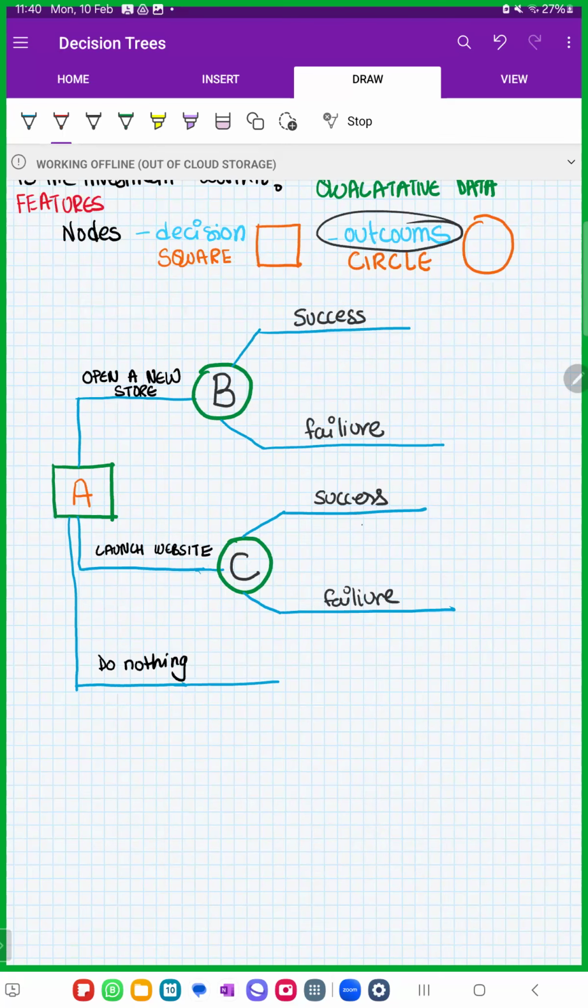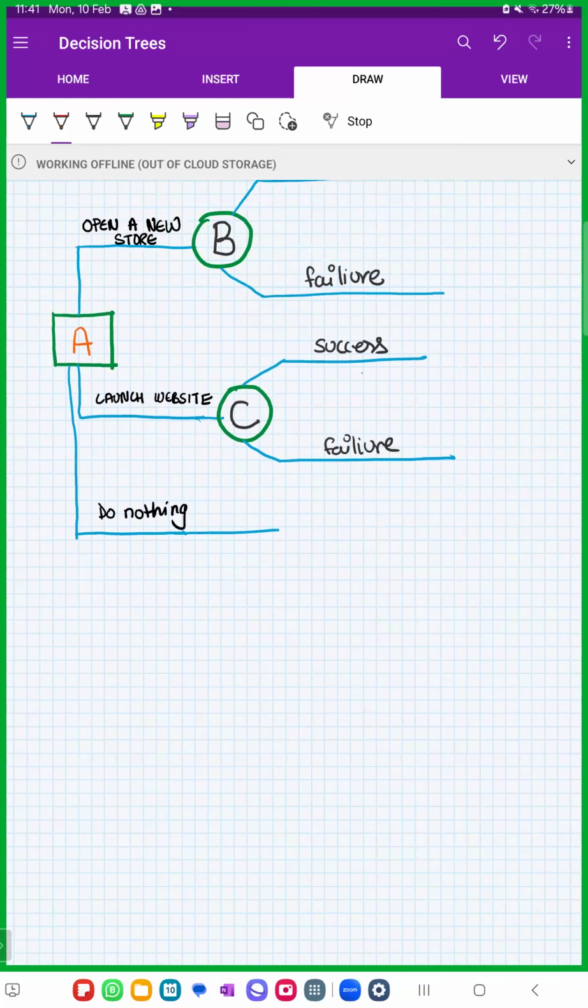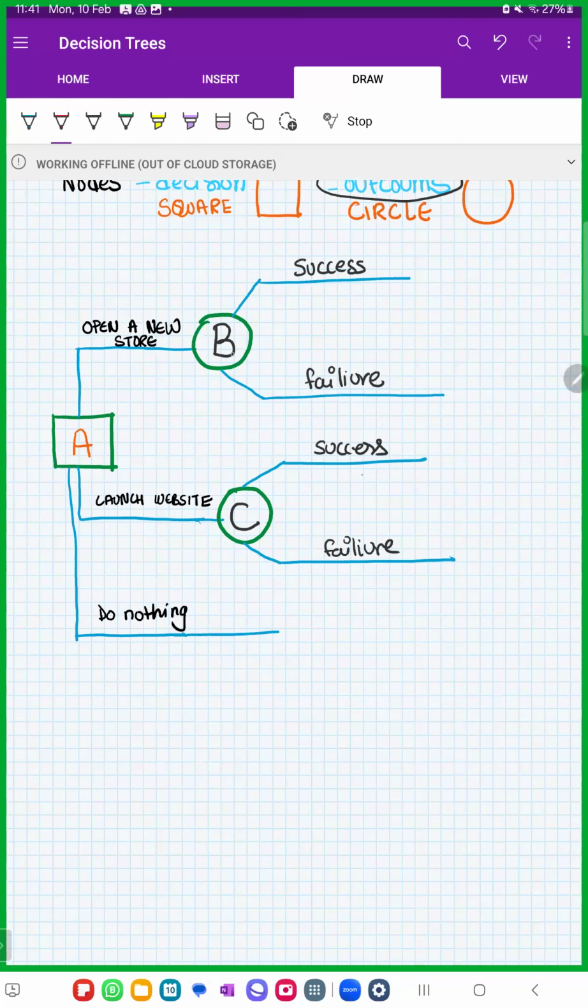In your exam, you will be given either a percentage or the probability of success or failure. You are going to be given a table. They will say if we open a store, there is a 70% chance of success, or a 0.7 probability. So I'm going to write 70% is the same thing as 0.7. Do we agree with that?